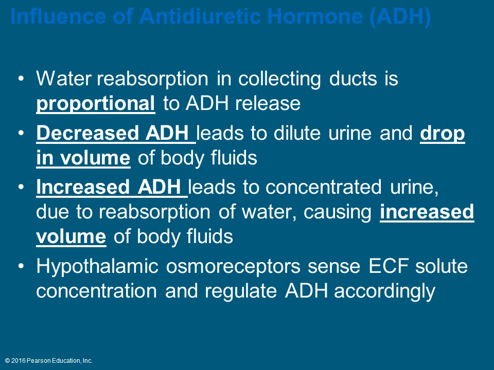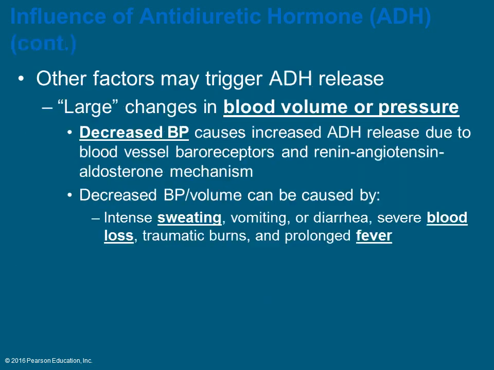There are osmoreceptors in the hypothalamus that can pick up the concentration of the solutes, things that are dissolved in water, in the extracellular fluid, and then accordingly they will regulate how much ADH is being produced. Do you need to increase it? Do you need to decrease it? There are some other factors that can influence the amount of ADH release.